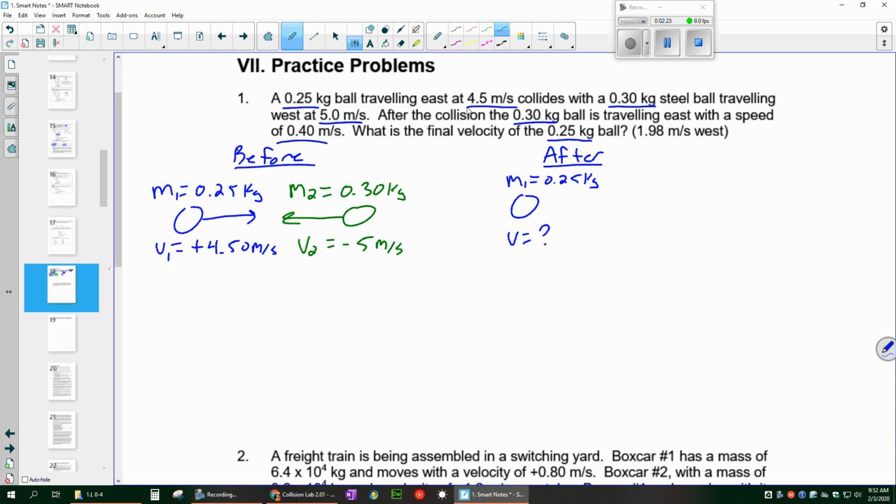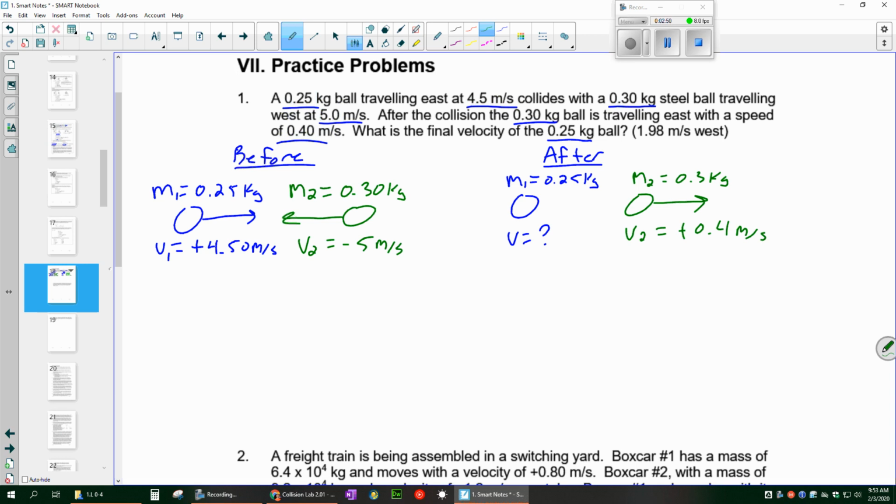That's the thing we don't know for that one. But then we do know that M2, which is still 0.3 kilograms, leaves with a V2 of positive 0.4 meters per second.